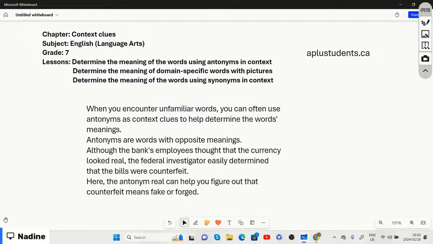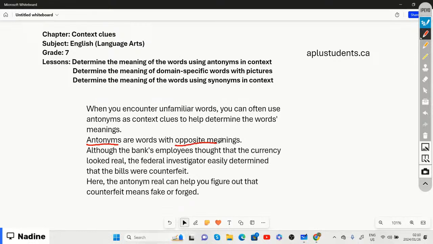So when we encounter unfamiliar words, you can often use antonyms as context clues to help determine the words' meanings. We said antonyms are words with opposite meanings. Although the bank's employees thought the currency looked real, the federal investigators easily determined that the bills were counterfeit. It's like they were fake.